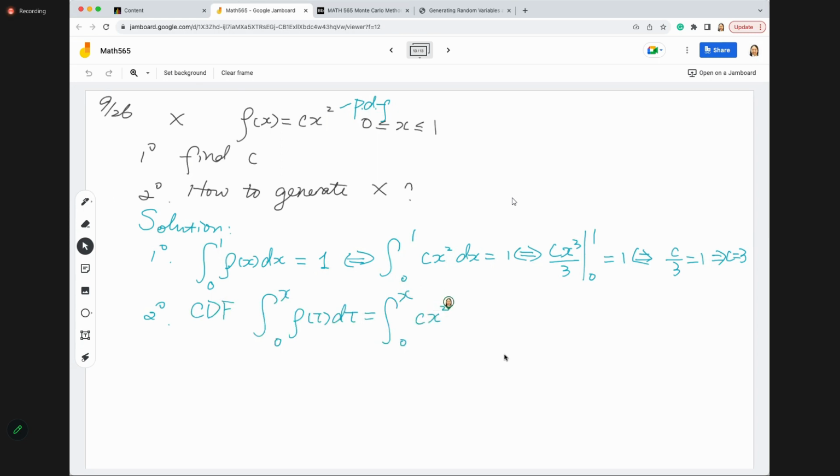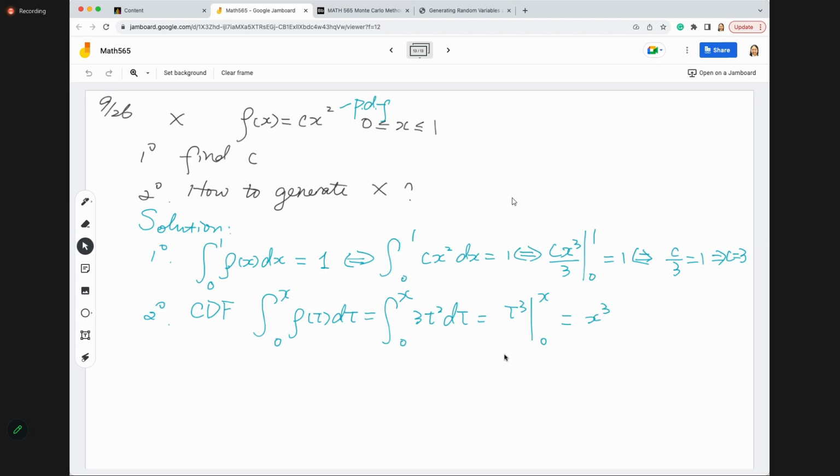We already know c is 3, so I put 3 here. Okay, and then we have, so this is tau cubed, plug 0 and x inside. So it will be x cubed. Okay, so we have this is the CDF.